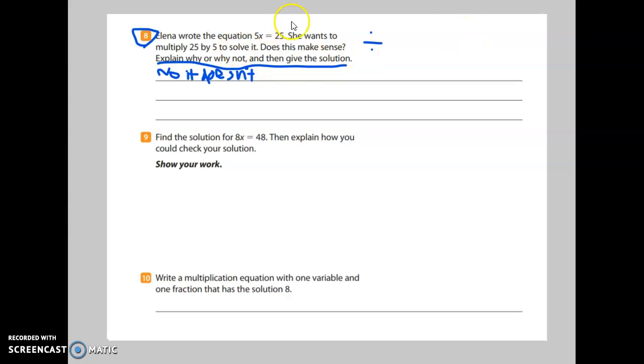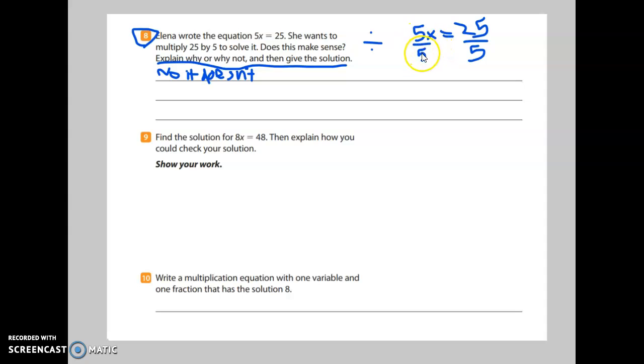And then we need to actually solve it over here as well. So let's go ahead and put 5x. And remember, we're trying to get x by itself. So I need to divide this side by 5. And I need to divide this side by 5.